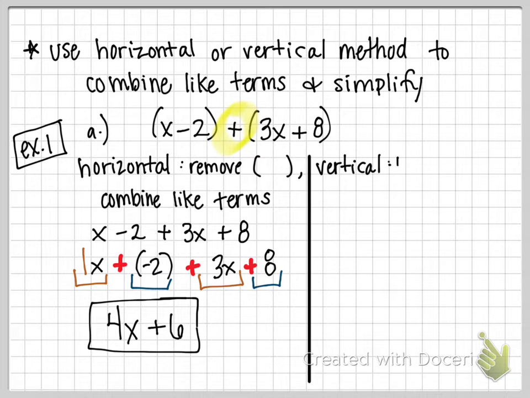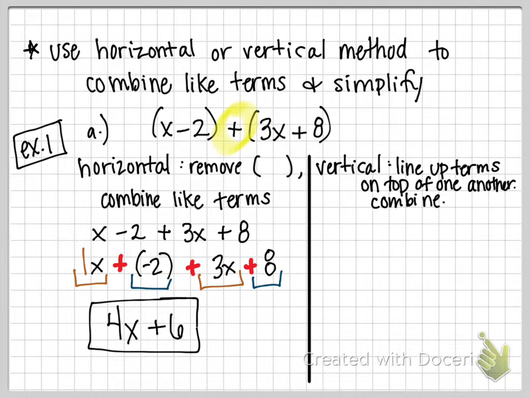So let's see what this looks like. For the vertical method, you line up the terms on top of one another. You put the like terms on top of one another and then add. So vertically we line them up: x minus 2, and then we're adding the second expression, 3x plus 8.